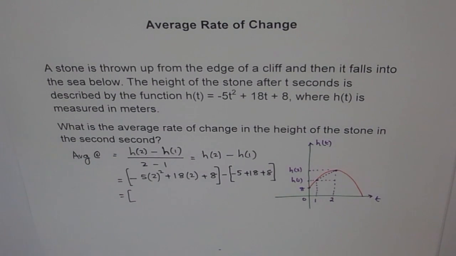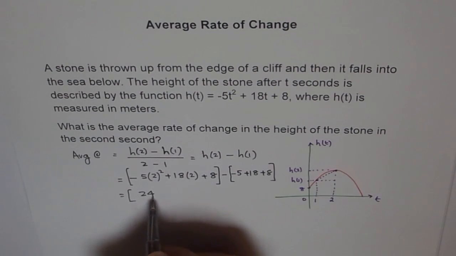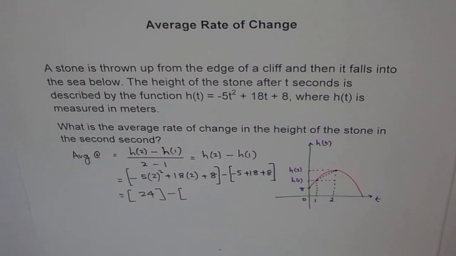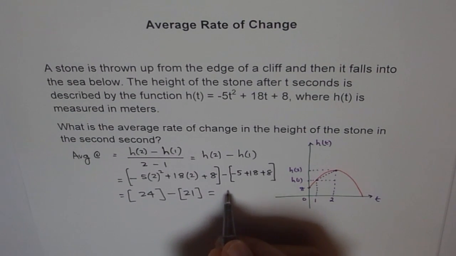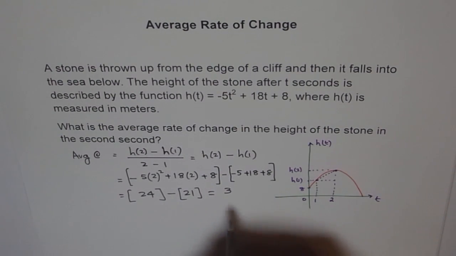So we'll write 24 here. Minus, which is minus of 5 plus 18 plus 8, which equals 21. So we get 21 here. And 24 minus 21 is 3. So we get 3.